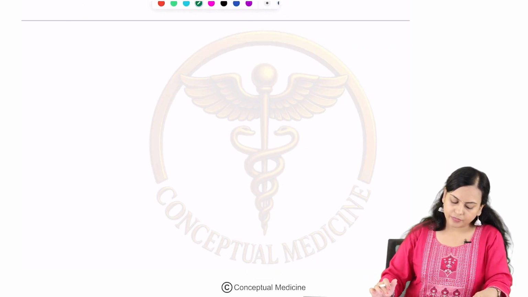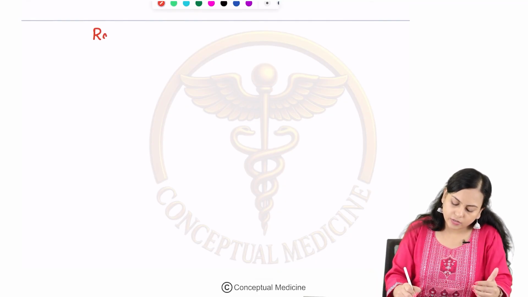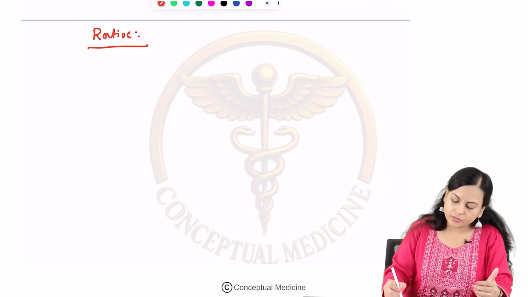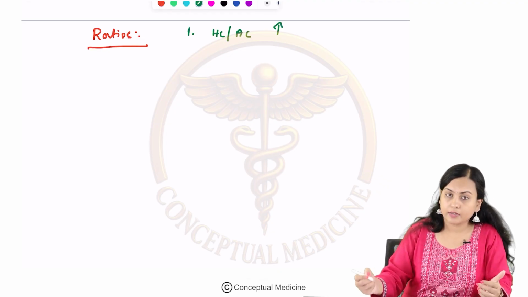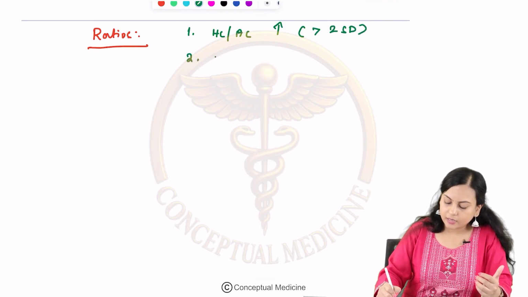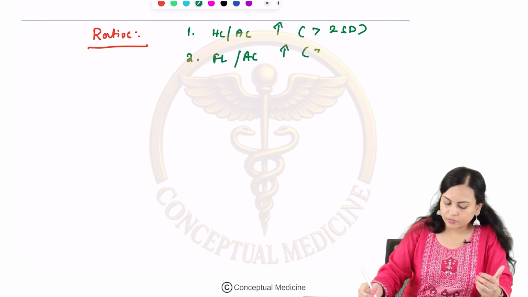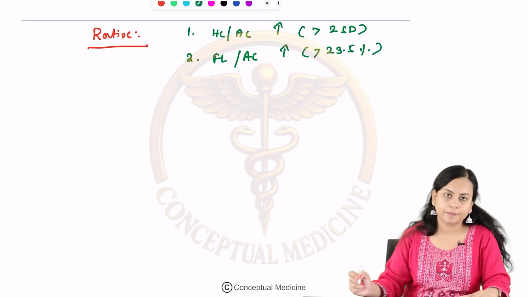Clear? Okay. Now, we also have some ratios. Okay, so the commonly used ratios include HC to AC circumference, which will be increased to more than 2 standard deviations, and then femur length to AC circumference, this also will be increased, and it will be increased more than 23.5%. Clear?